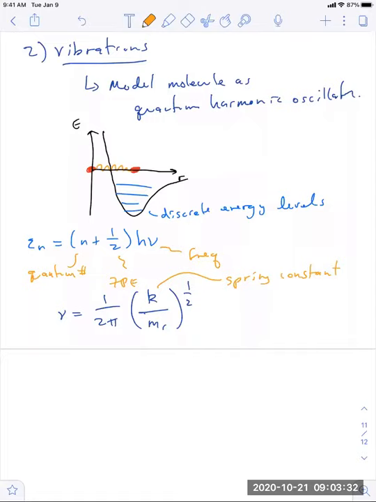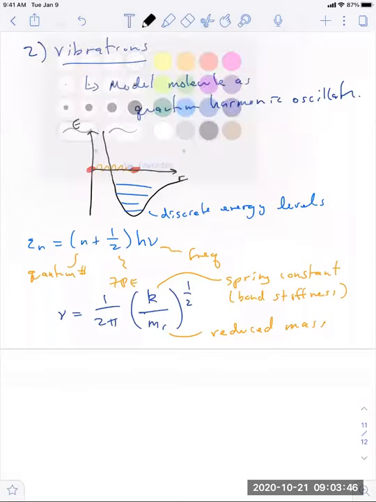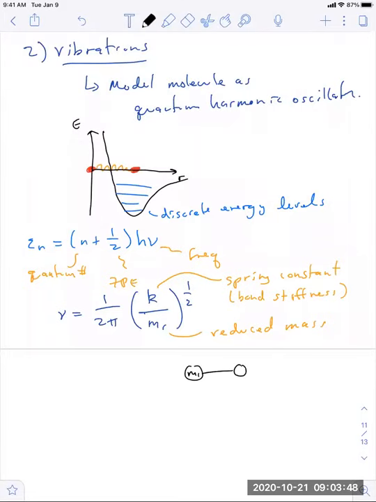So this is the spring constant, which represents the bond stiffness in our molecule. And mr is the reduced mass, where if we have m1 connected to m2, the reduced mass equals m1 times m2 divided by m1 plus m2.